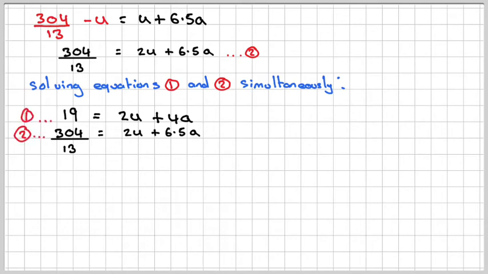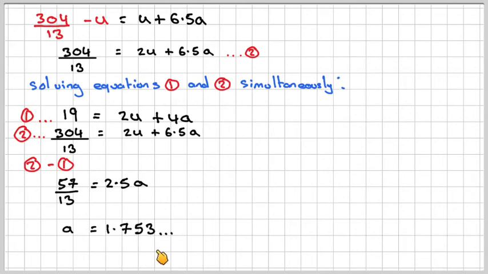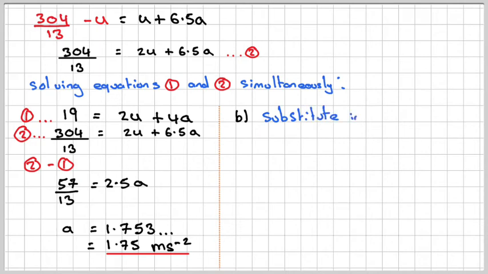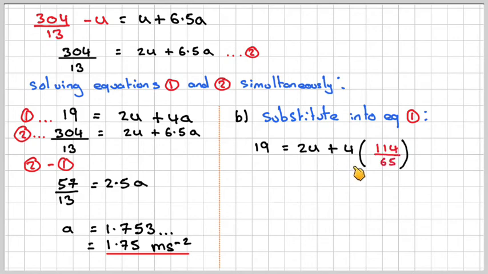The advantage of this method is that if you subtract, the u's will disappear every time. So you've got 57 over 13 is equal to 2.5a, and a will be 1.753, which will give me 1.75 meters per second squared. If we now substitute that into equation 1, we're going to get 19 is equal to 2u plus 4 times this number here as a fraction.